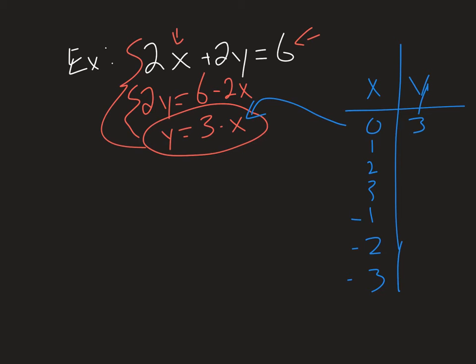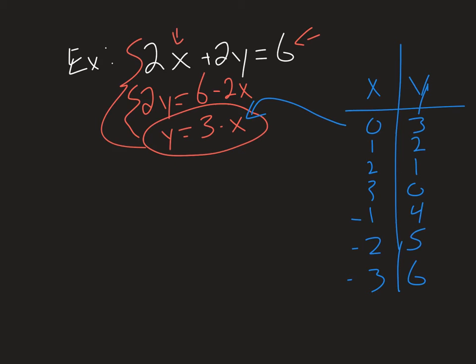And then 3 minus 1 is 2, 3 minus 2 is 1, 3 minus 3 is 0, 3 minus a negative 1 actually makes 4, 3 minus a negative 2 makes 5, and then minus a negative 3 makes 6.